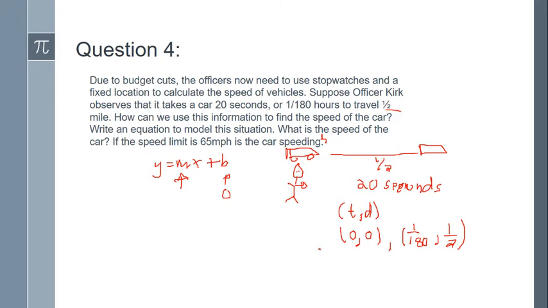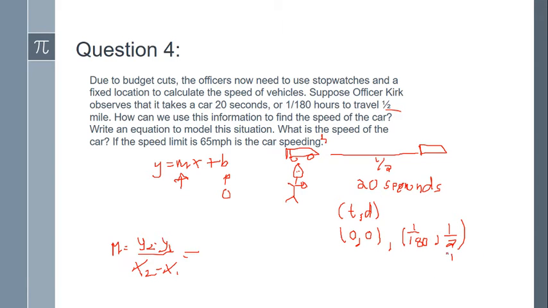So to figure out the slope given 2 points, we use the slope formula, which is we subtract the y-coordinates. So we say y2 minus y1, the difference in y-coordinates, divided by the difference in x-coordinates. In this case, I'm going to call this second point here y2.